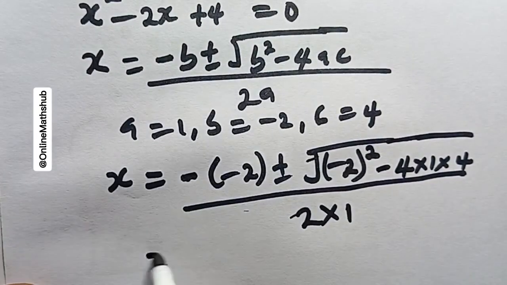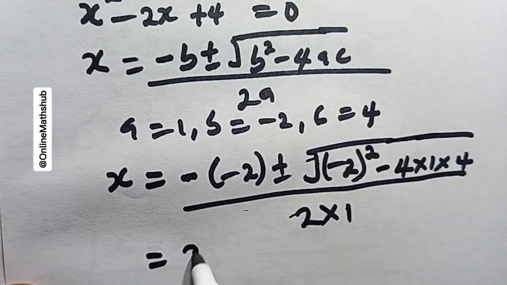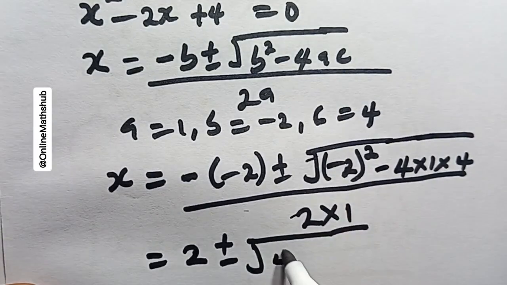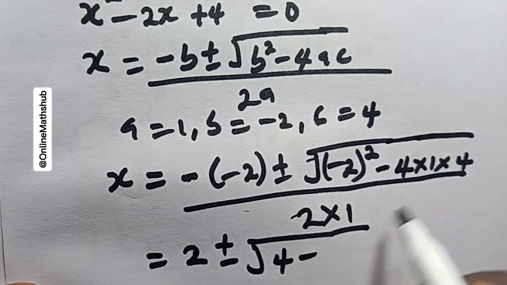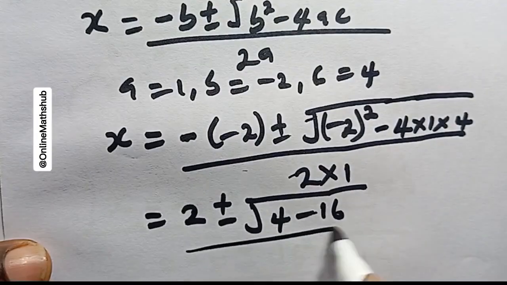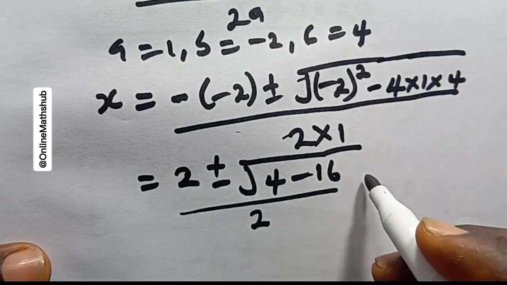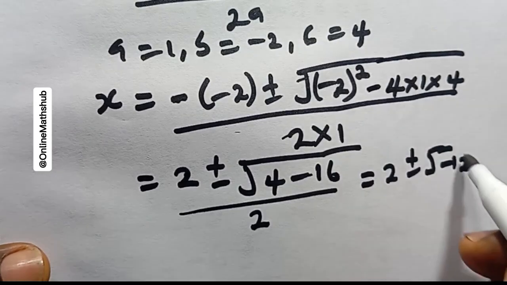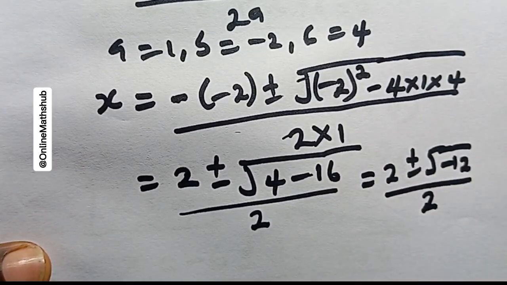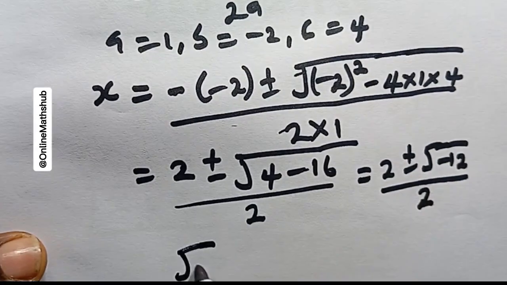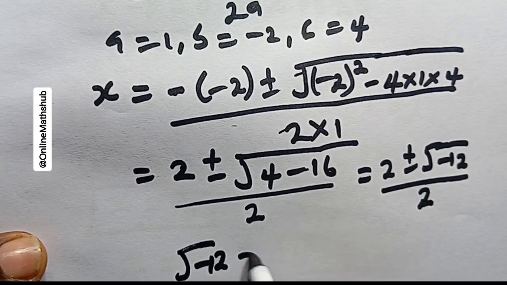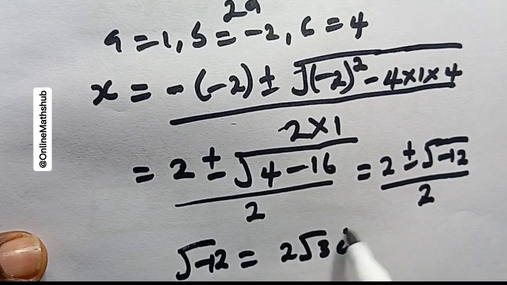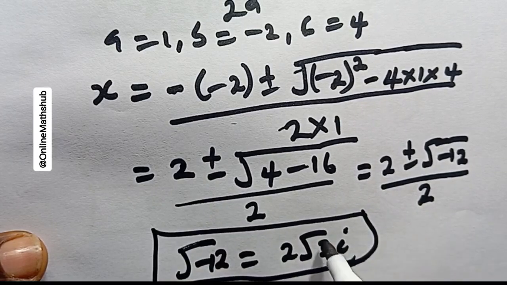If we move on from here, this is equal to minus times minus, which is plus 2, and then plus or minus root of minus 2 squared, which is 4, minus 4 times 4 times 1, which is 16, all divided by 2. Eventually this is going to be equal to 2 plus or minus root minus 12, divided by 2. If you can remember what we solved, root negative 12 is equal to 2 root 3i, so I'm going to replace root minus 12 with 2 root 3i.